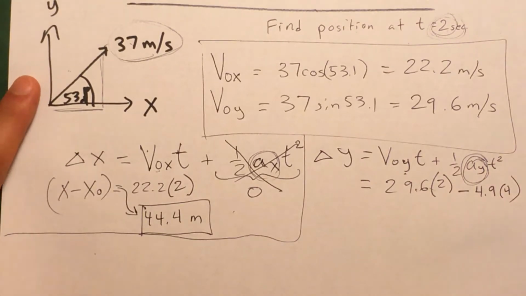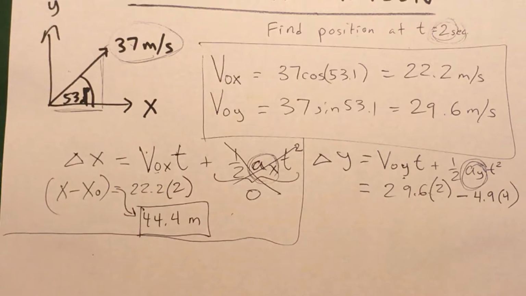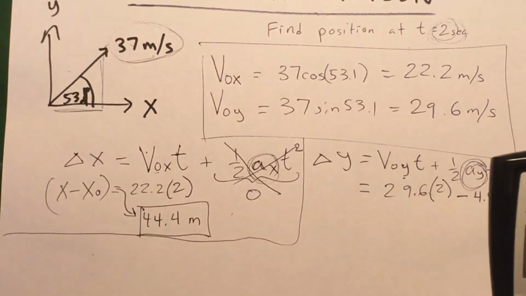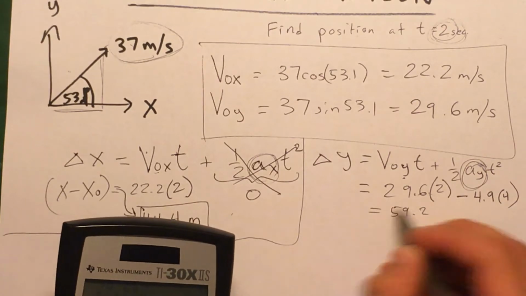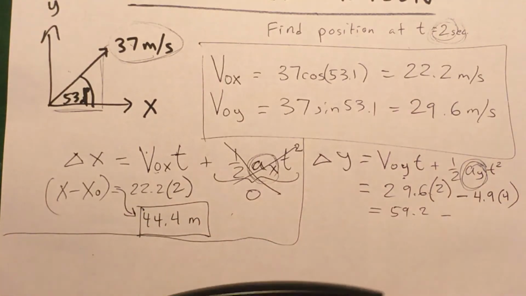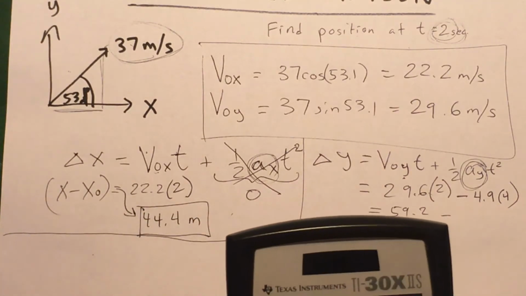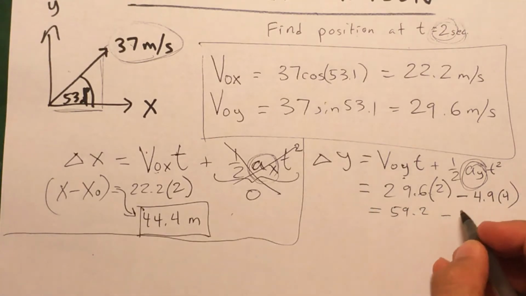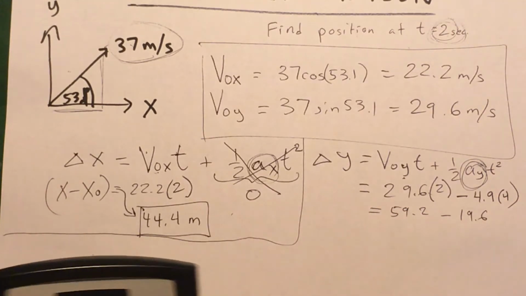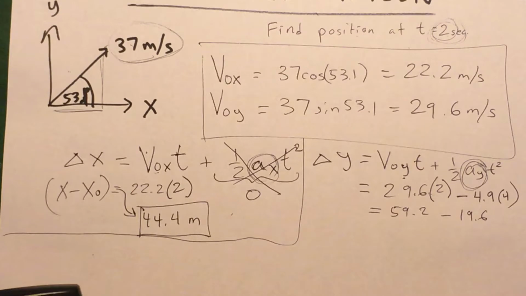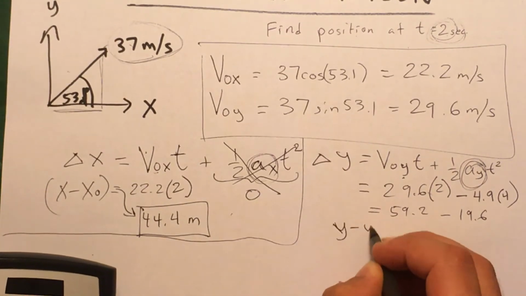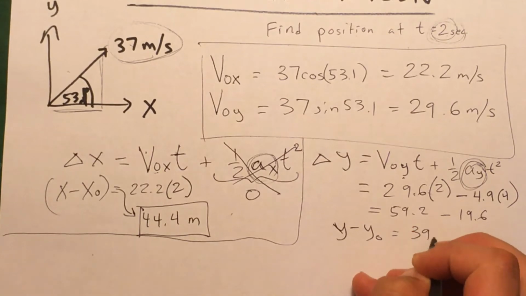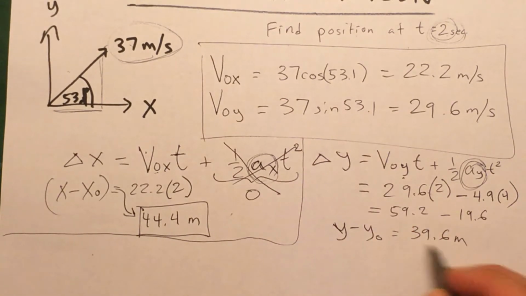So 29.6 times 2 is 59.2, minus 4.9 times 4, which is 19.6. Once you subtract those two, y minus y naught should be 39.6 meters.